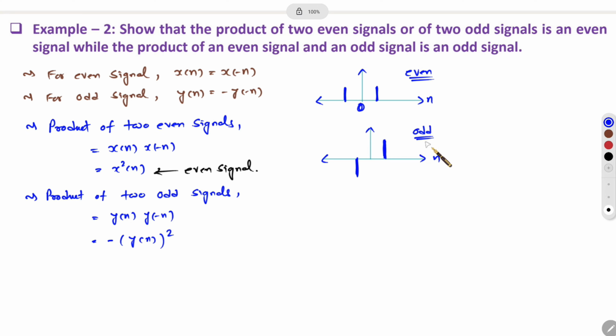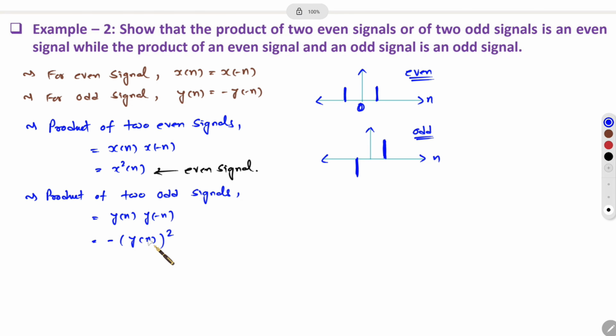Now if you perform squaring of this, what will happen? This negative amplitude will become positive, with the same amplitude as this. So here we have multiplied these two odd signals, and that is y of n square and minus. So y of n square will become an even signal.